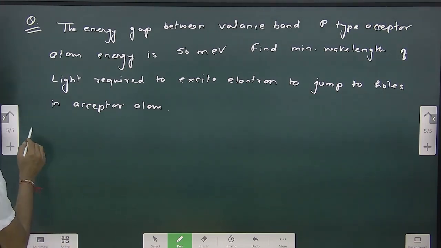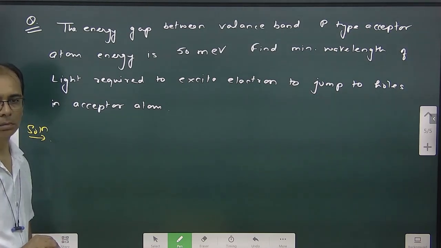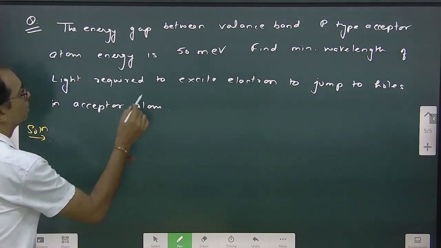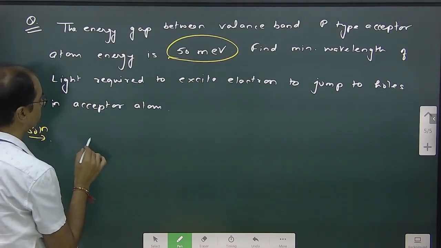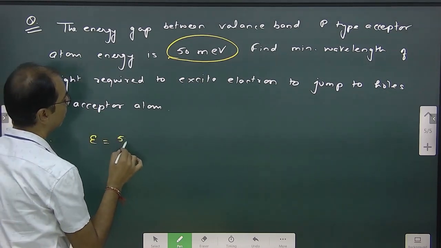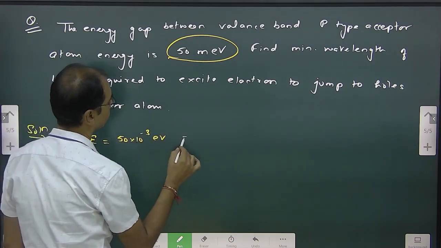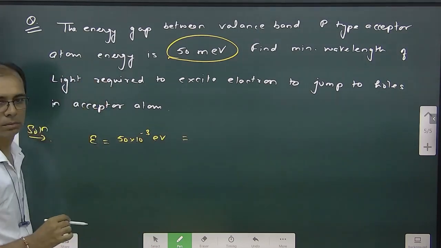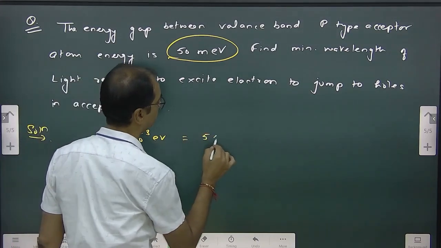Yes, students. This is the minimum energy required. How much is it? The energy is 50 milli, meaning 10 to the power minus 3 electron volt, that means 5 into 10 to the power minus 2 electron volt.